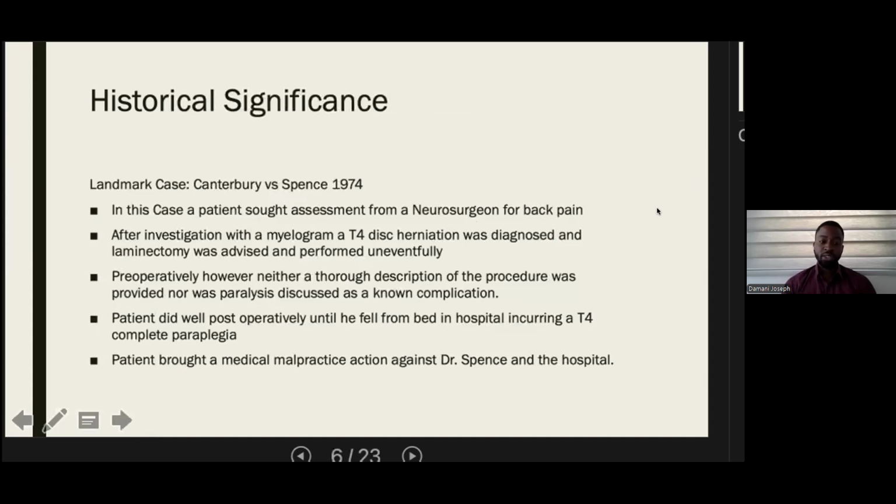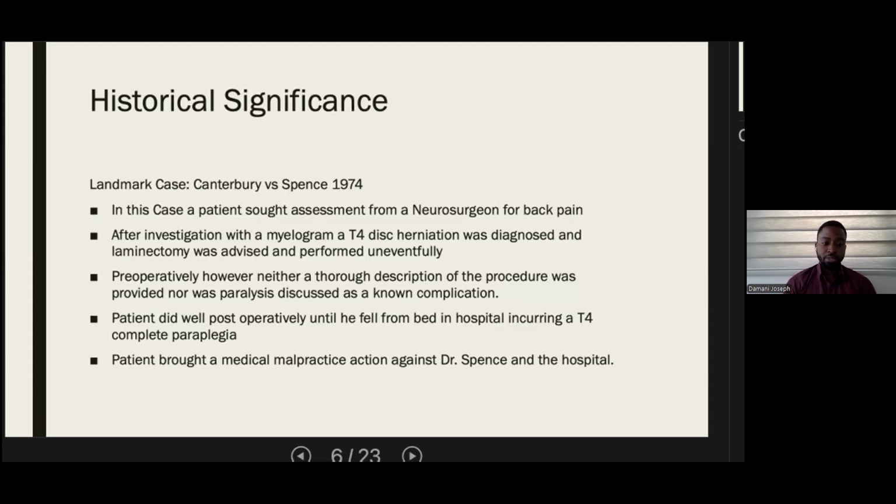Just to tie it all together with some significant historical value, there's a landmark case between Canterbury and Spence. This occurred in 1974. In this case, a patient sought assessment from a neurosurgeon for back pain. After the initial investigation with a myelogram, a T4 disc herniation was diagnosed and a laminectomy was advised and performed uneventfully.